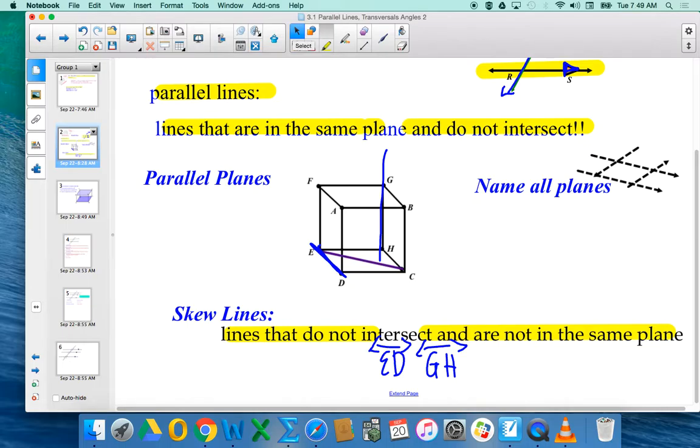So you see where GH is not in the same plane as ED. My example before was the railroad tracks with the telephone pole next to them. The railroad tracks are in one plane and the telephone pole is in another. Everybody understand the difference between parallel lines and skew lines?